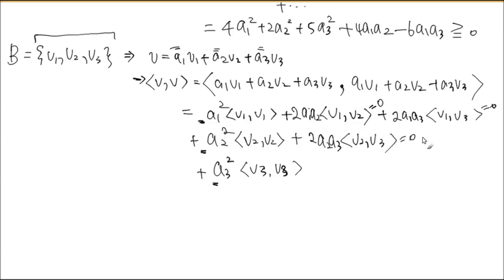Then another thing is that this V1 pairing V1, we want this number to be positive as well. If it turns out to be negative, then you prove that this does not satisfy positivity. And this must be positive. This must be positive, whatever you choose. All right? So that's our goal.